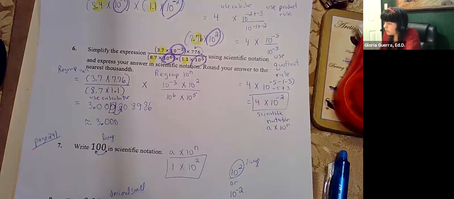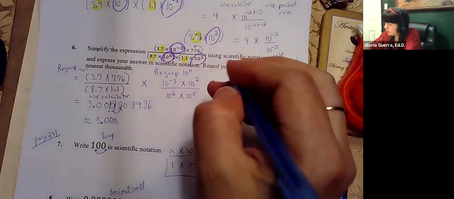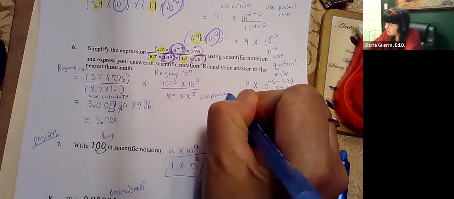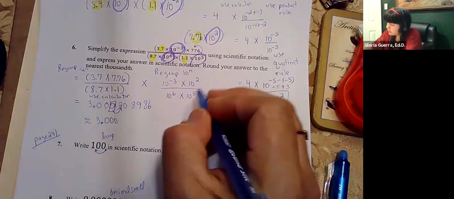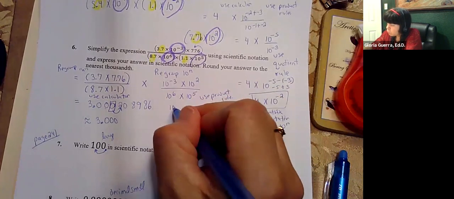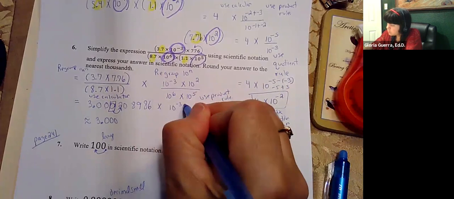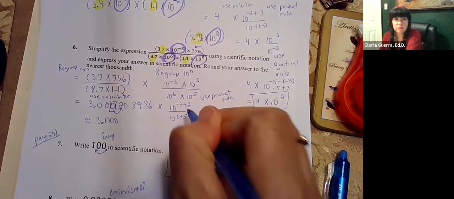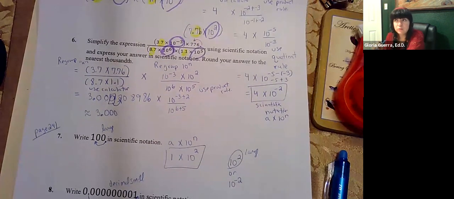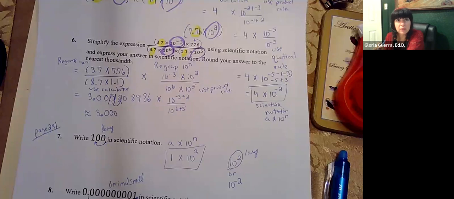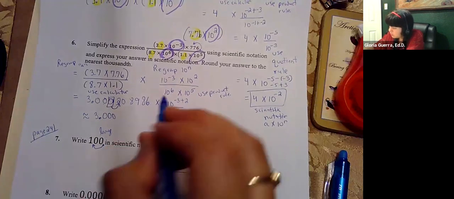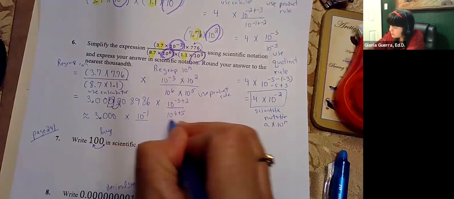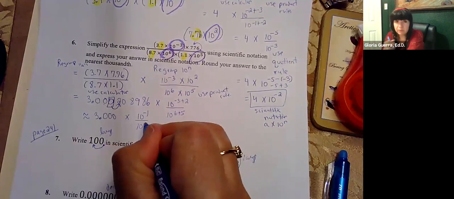And I'm going to use the product rule, which means I'm going to add -3 plus 2, and on the 10, 6 plus 5. So when you use a product rule when multiplying like bases, you keep the base and you add the exponents. So -3 plus 2 is a -1. And on the bottom, on 10, 6 plus 5 is 11.